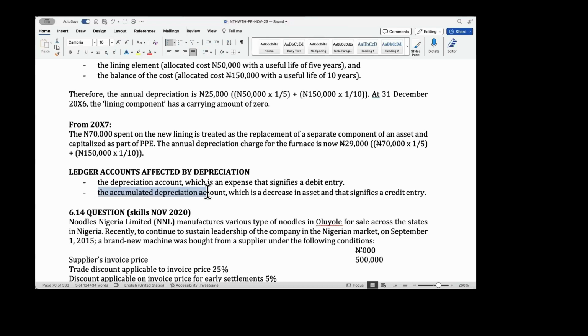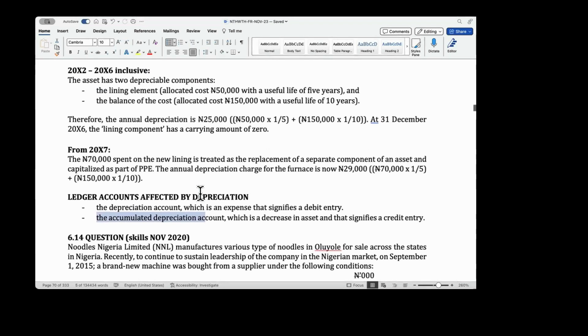You go to your accumulated depreciation account, which is the total depreciation you have charged to date. You go to your fixed asset schedule. You do cost minus accumulated depreciation. The carrying amount you get, you take to your statement of financial position. You will see all of this in action very soon. So this is the ledger account for depreciation.